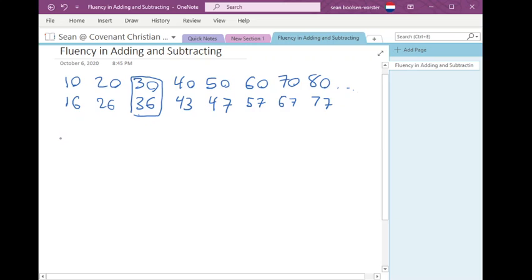Now, subtracting is a little bit harder, but it's largely the same, right? So if you have 10 minus 9, you're going to get 1, because you take away 9 of the 10, and you're left with 1. Now, if you have 20 minus 9, you're going to have 11, right?